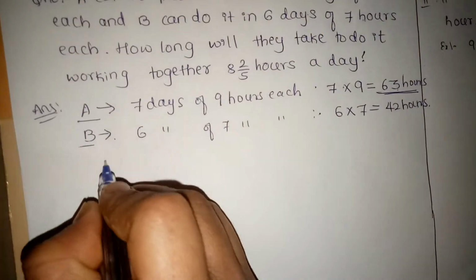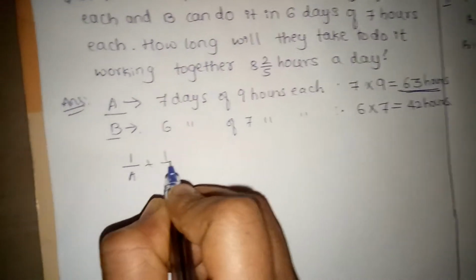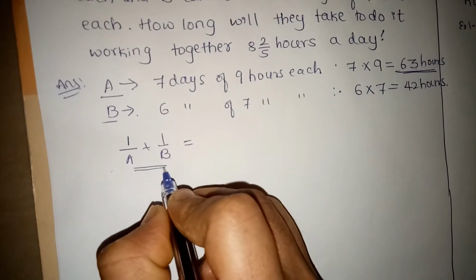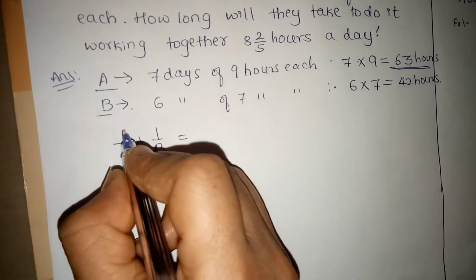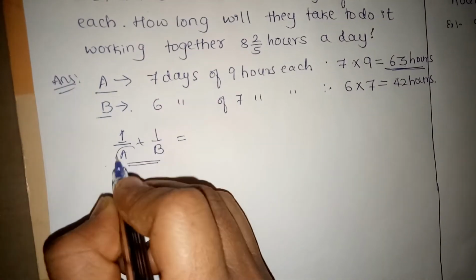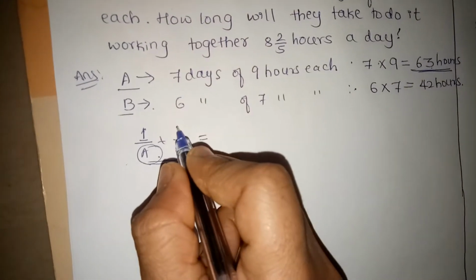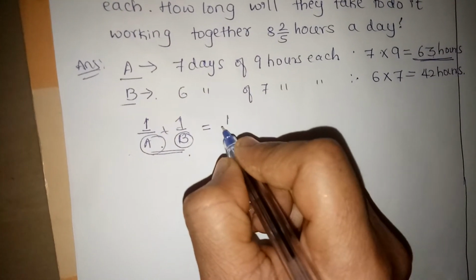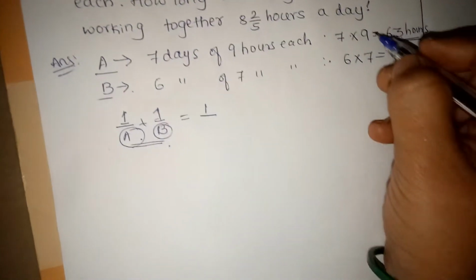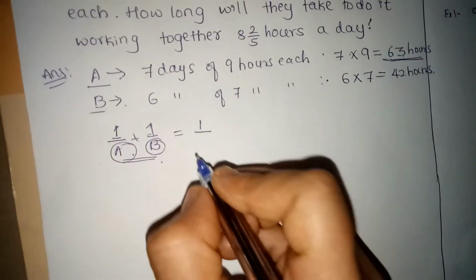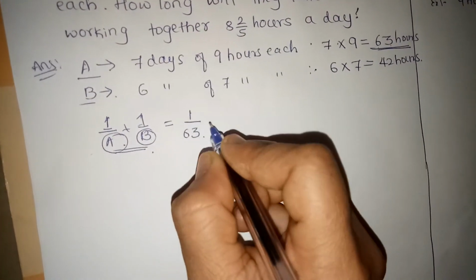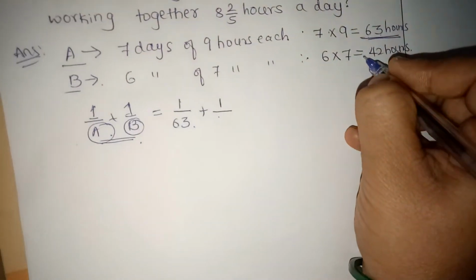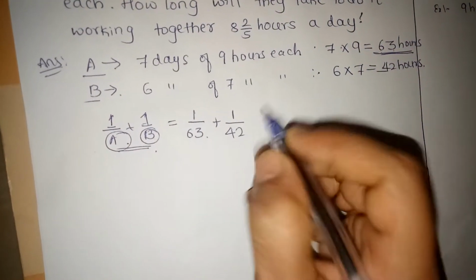Now we are going to first calculate how much time is required if they both work together. To complete one work, A requires 63 hours. In the same way, to complete one work, B requires 42 hours.